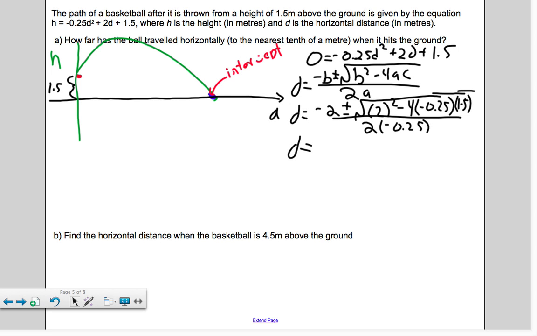So minus 2 plus or minus the square root of, well, 2 squared is 4, and negative 4 times negative 0.25 gives me positive 1, times 1.5 gives me a positive 1.5. All that divided by 2 times negative 0.25, negative 0.5.